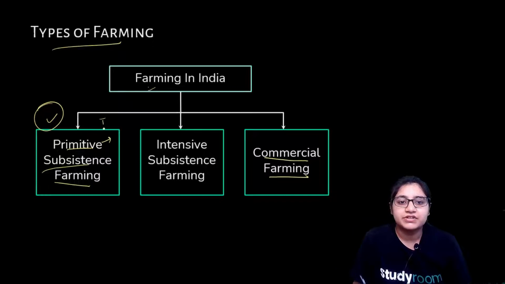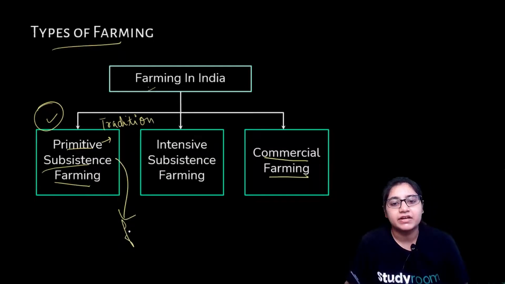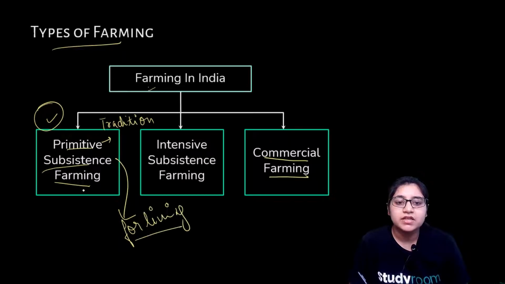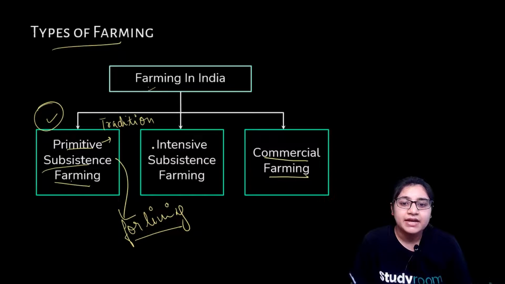Primitive means traditional. Subsistence, this term is used when a person is making a living, right? Making money for living. So traditionally, farming was done for living, and that was referred to as primitive subsistence farming.